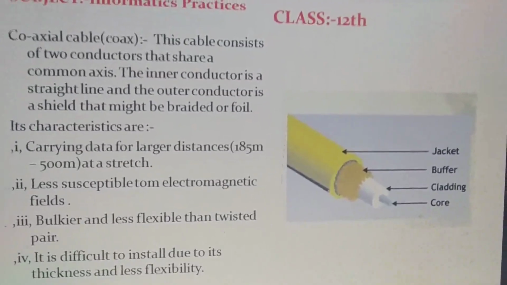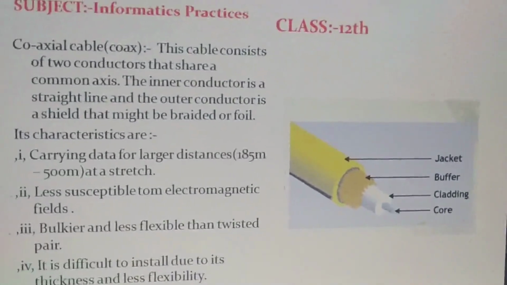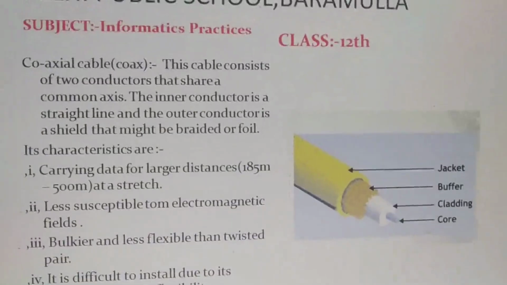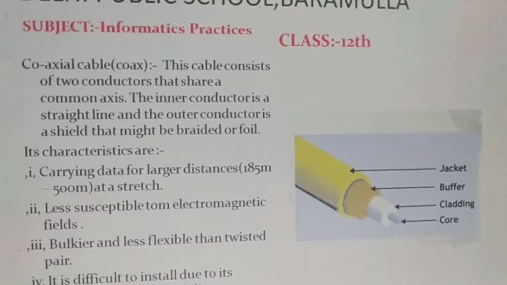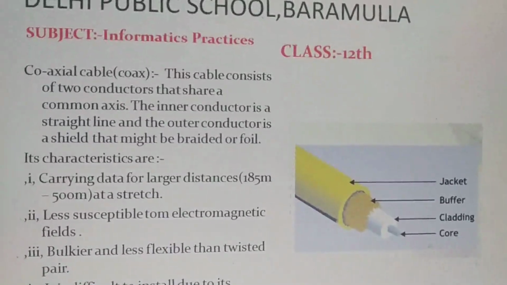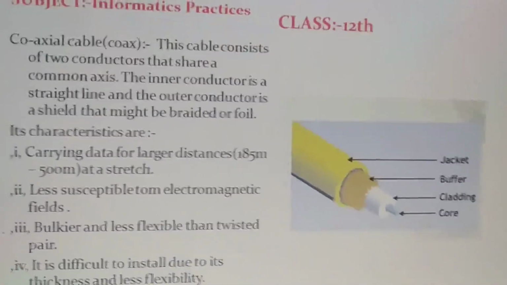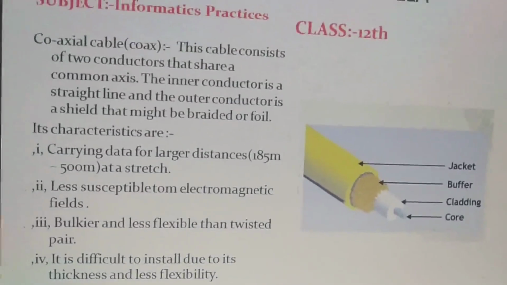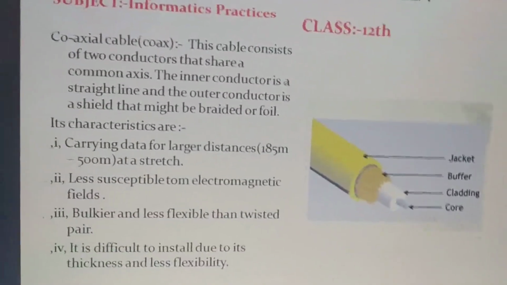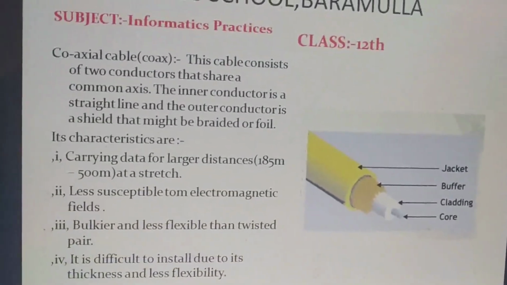It is bulkier, meaning thick, and less flexible, because when the size becomes bulky, then flexibility reduces. So it cannot be bent at any angle, and it is difficult to install due to thickness and less flexibility. So the installation process of this cable is a little bit tough.